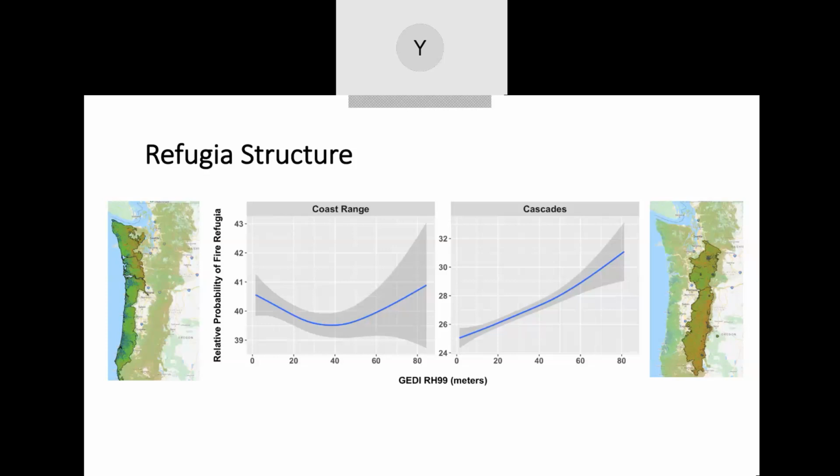I think that is also due to there being fewer taller trees in the Coast Range. This shows that shorter trees have a higher probability of being in the refugia area.